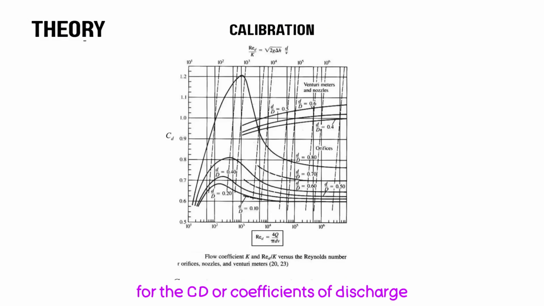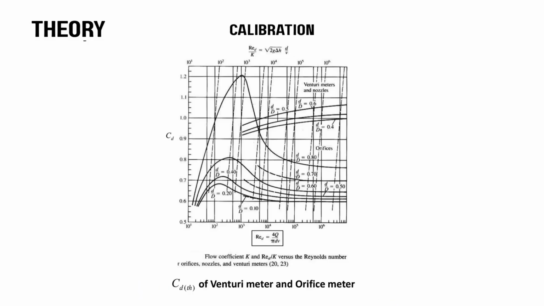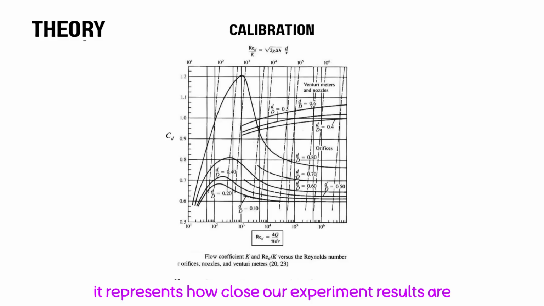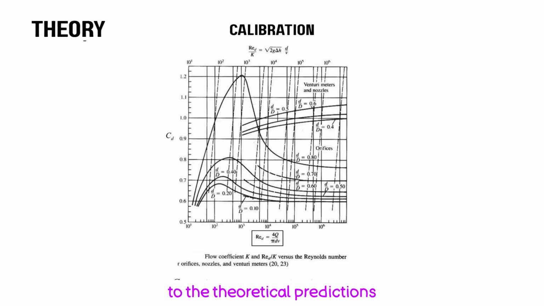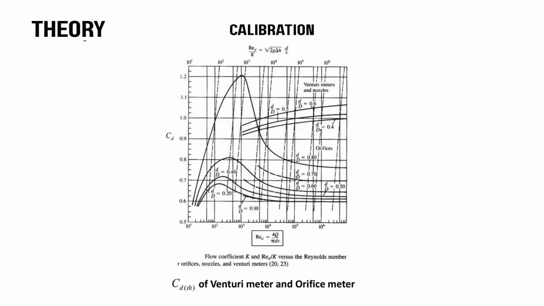The CD, or coefficient of discharge, is very important in this lab. It represents how close our experimental results are to the theoretical predictions. So if the CD is close to 1, it means the device performs efficiently with minimal losses.